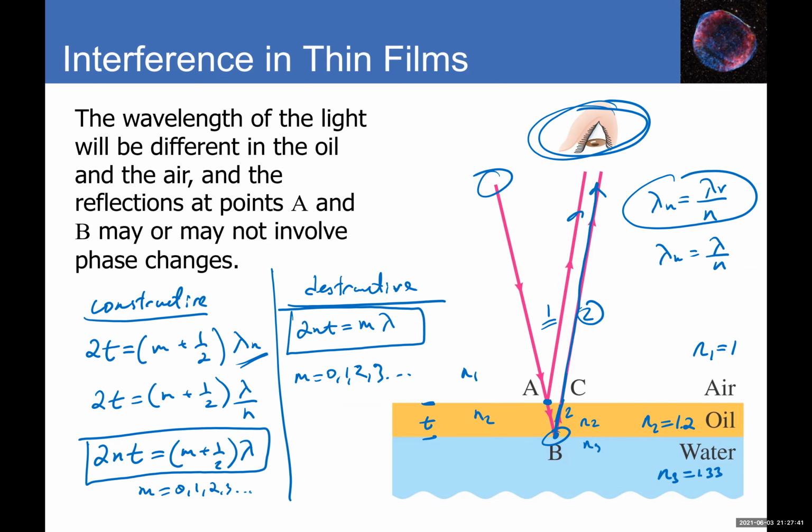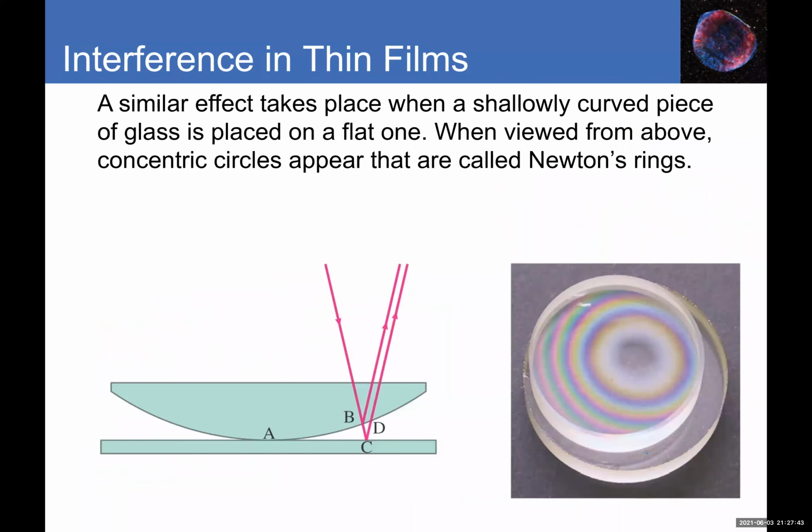This is another application of that, but this time you have a curved piece of glass on top of another glass, as you can see. You can still have the same two types of reflections.